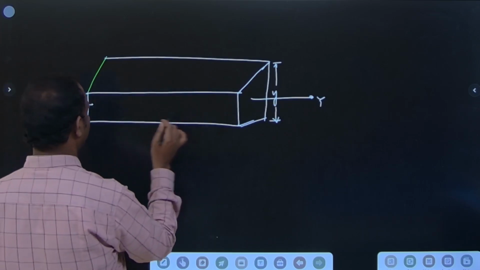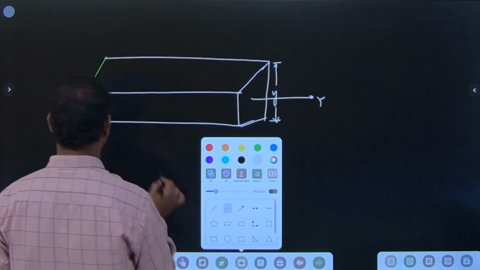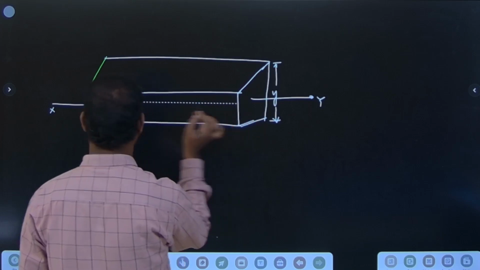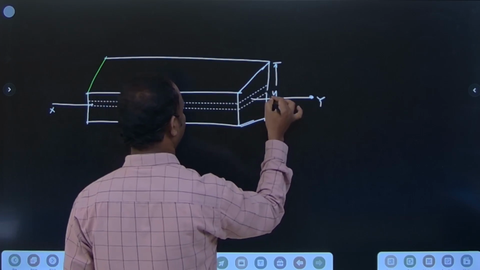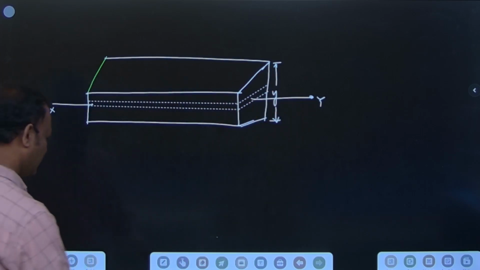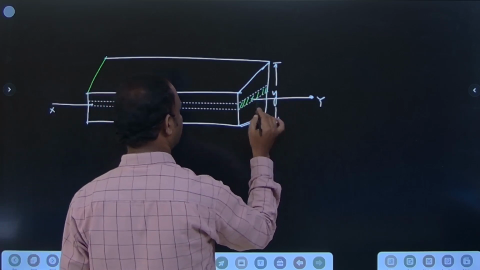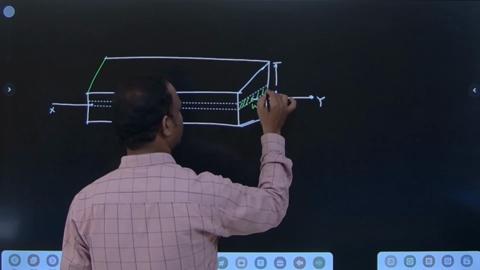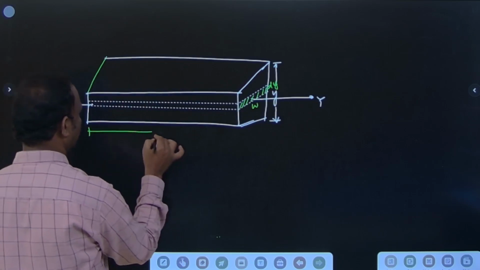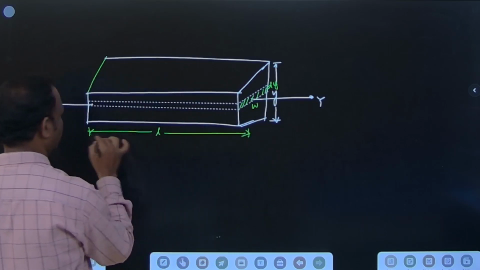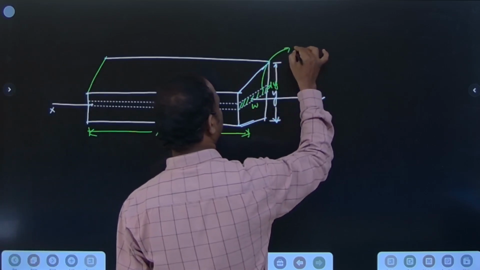If we divide into length elements, a small portion is taken from this. Now this is the width, this is dy. What is its length? The length is L.